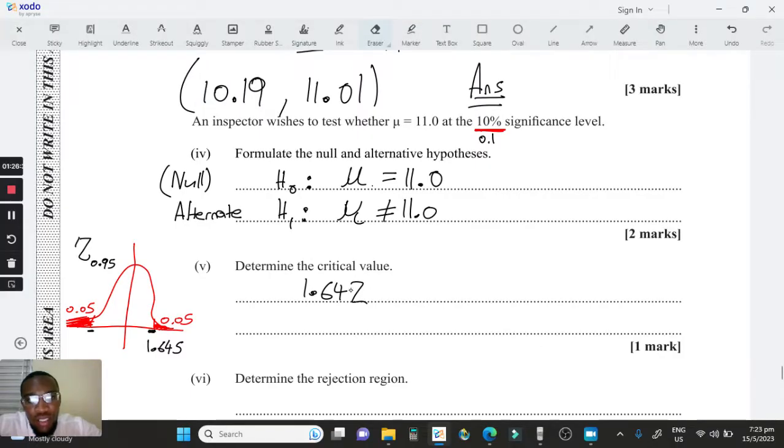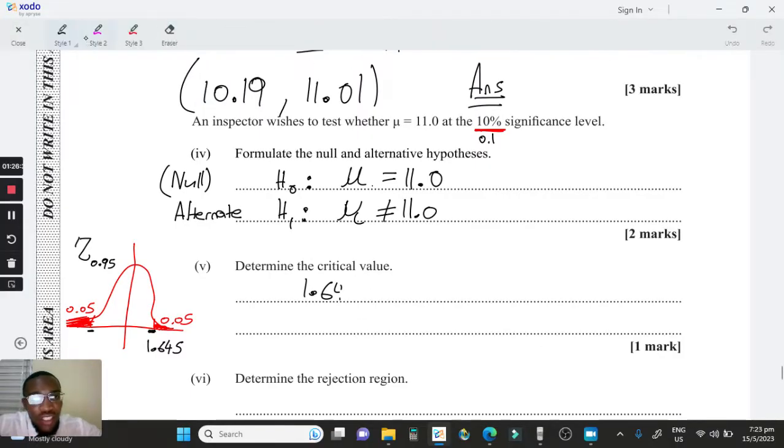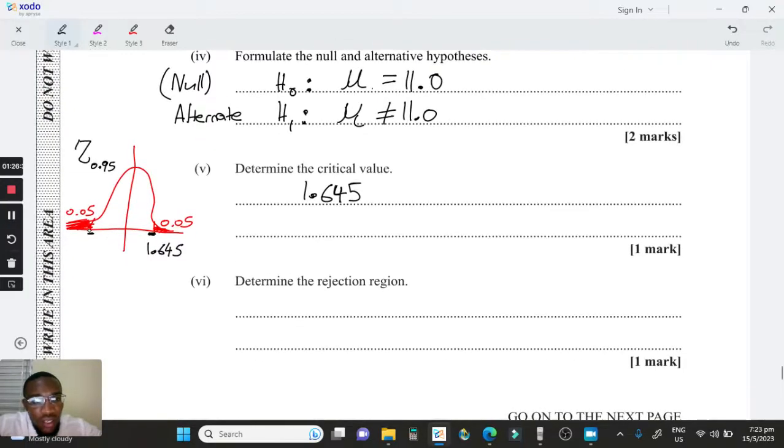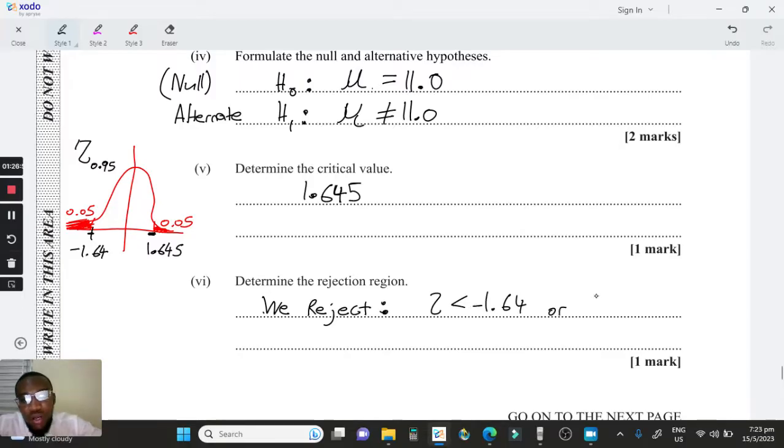Now it wants us to determine our rejection region. This would be negative 1.645. So we reject in two cases: we reject when Z is less than minus 1.645 or when Z is greater than 1.645.